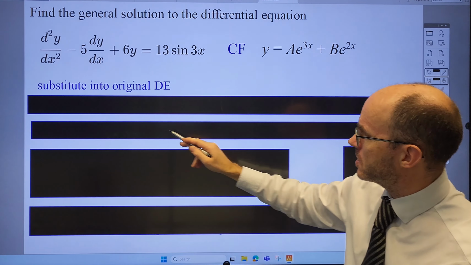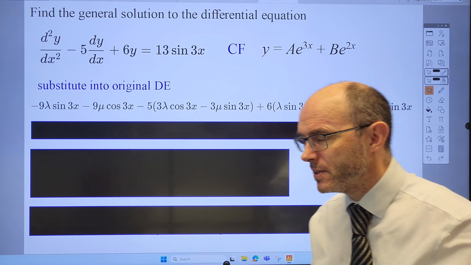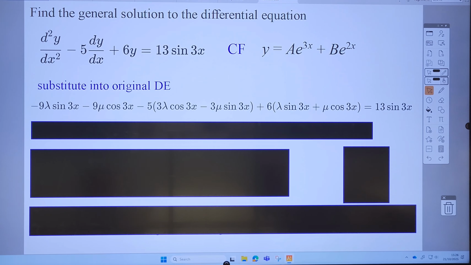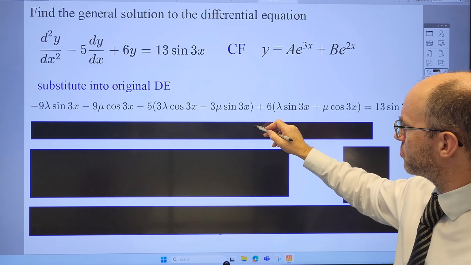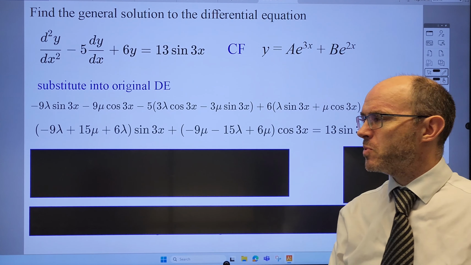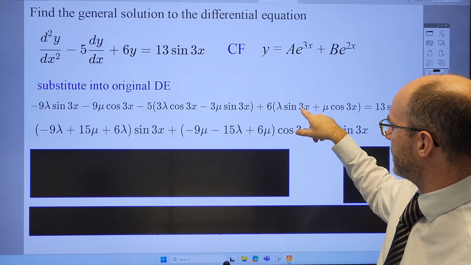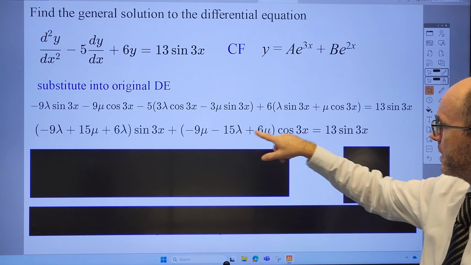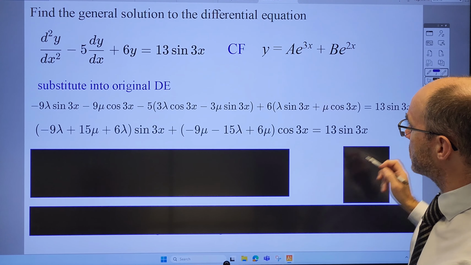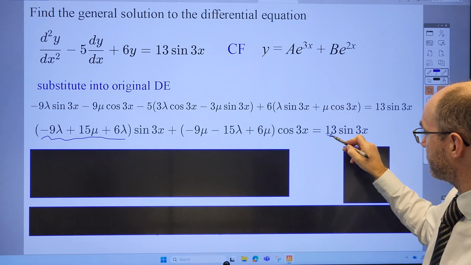The next screen shows that. So it's a bit of a squeeze, but I've managed to fit it all in. Sorry, the writing's a bit smaller. So I'll just step back so you can see it all in one go. There we go. If I just rewrite it, the method is put all the sine terms together, and the cosine terms together. Then you can match this sine 3x term with this sine 3x term.